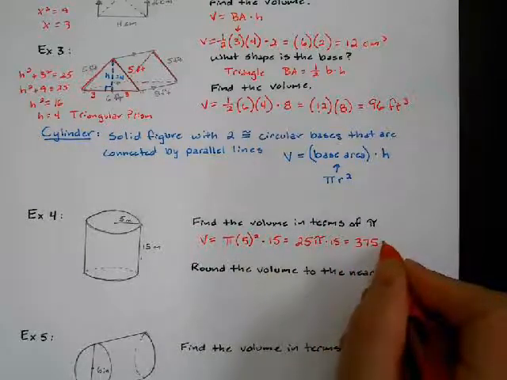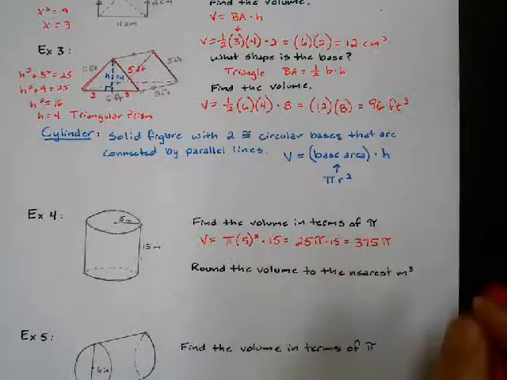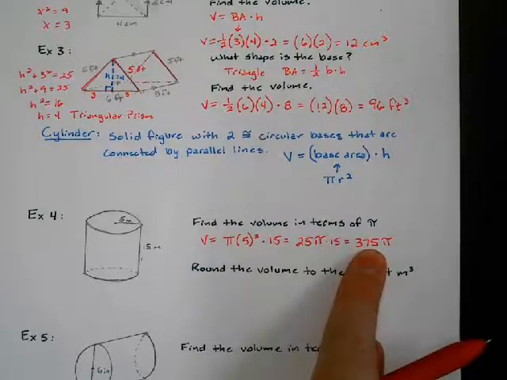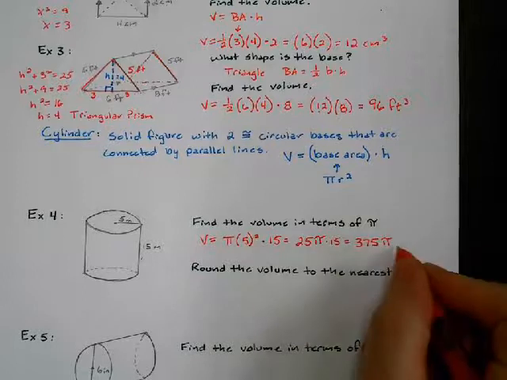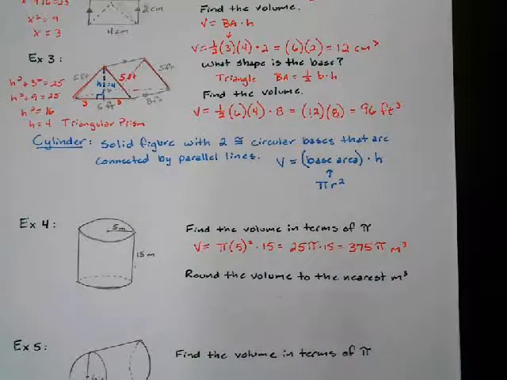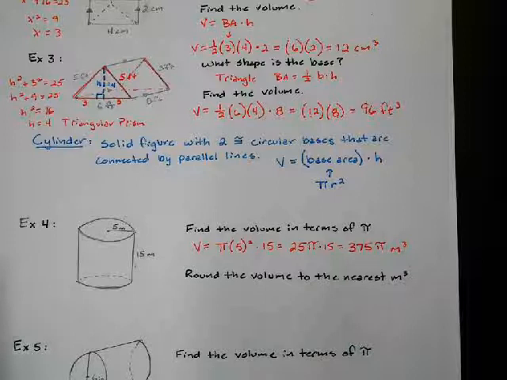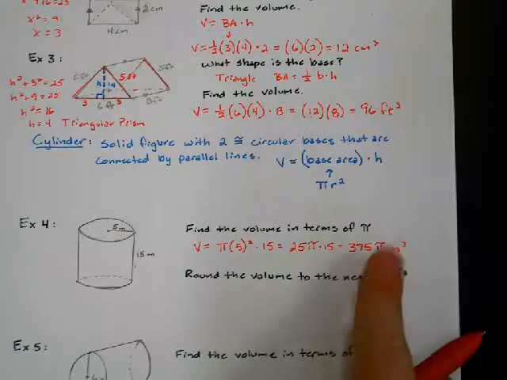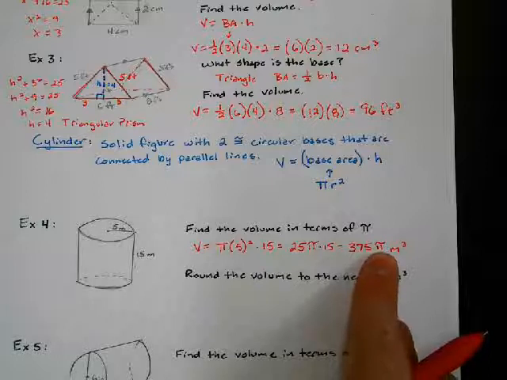That's our answer in terms of pi, meters cubed. In terms of pi means the exact answer. Remember with pi, it's impossible to write down the answer. So in terms of pi is the exact unrounded answer. It's impossible to write down this number, so that's why we use the symbol of pi. So this is the exact answer.